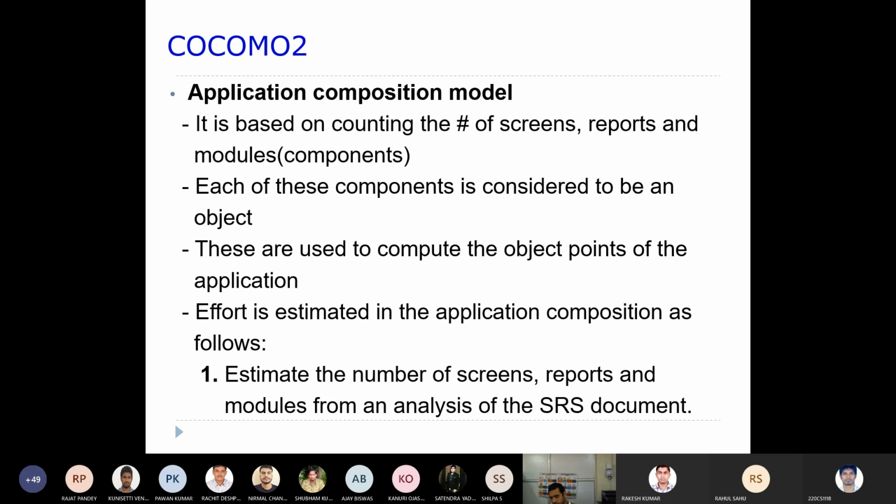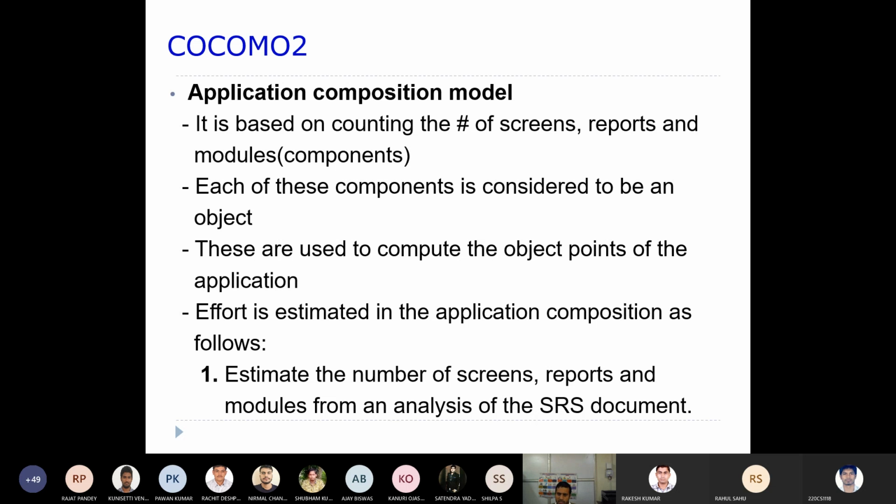Now, the effort which we estimate using this application composition model follows a certain number of steps. The first step is to estimate the number of screens that will be required, the number of reports that will be generated, and how many modules, from the analysis of the SRS document.